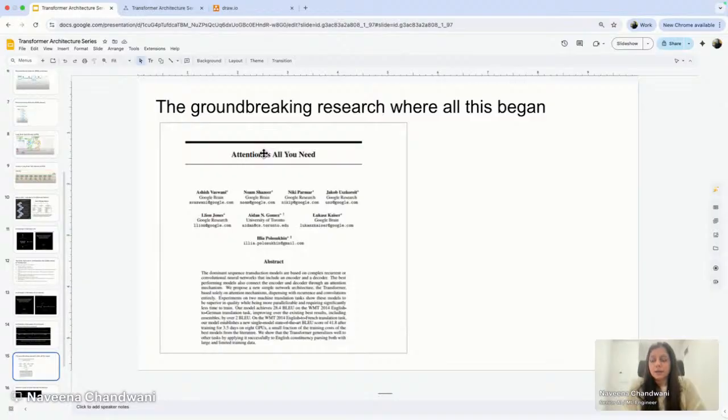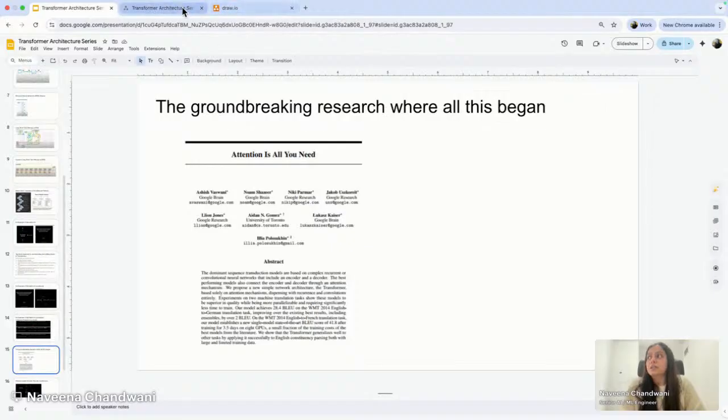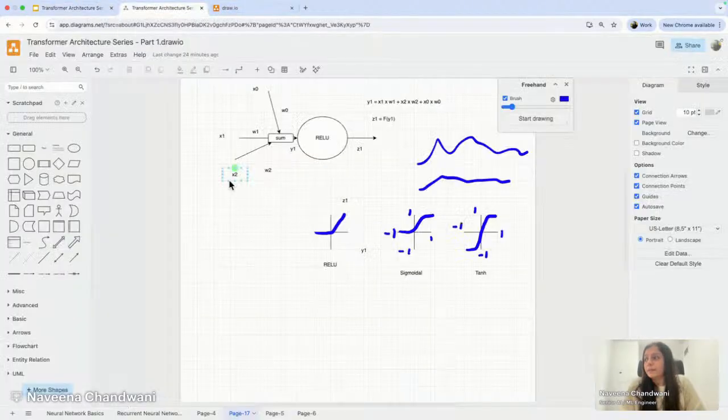And to give due credit, the attention mechanism was invented in 2014, but it was still being used with those RNNs. This is the paper where we started using attention with this encoder decoder block, and it really revolutionized things. And so now we will start actually building on this.